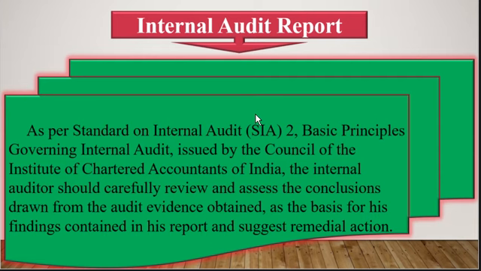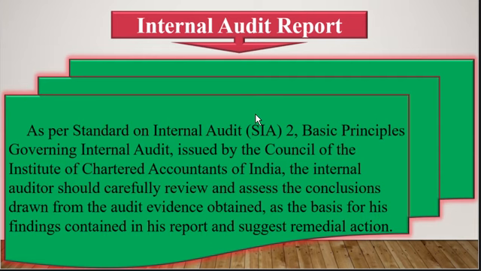However, in case the internal auditor comes across any actual or suspected fraud or any other misappropriation of assets, it would be more appropriate for him to bring the same immediately to the attention of management.